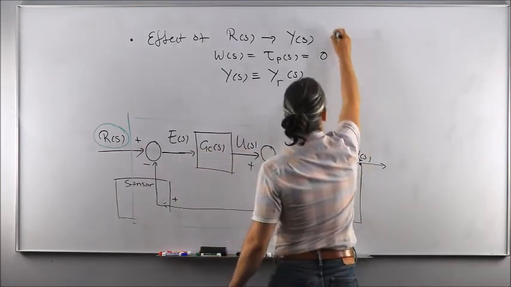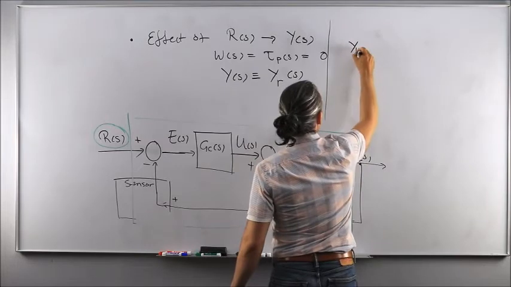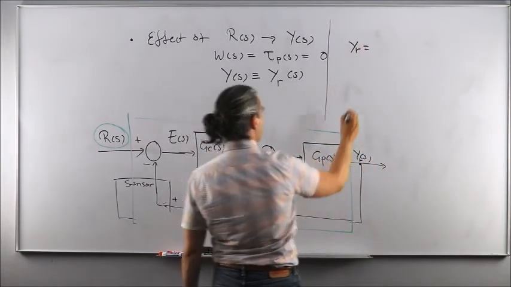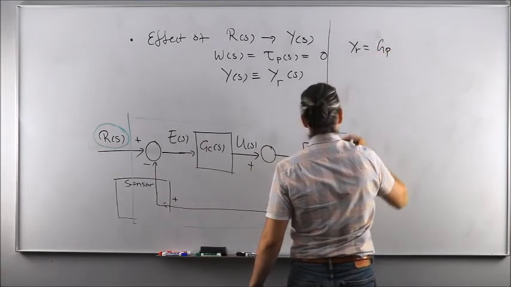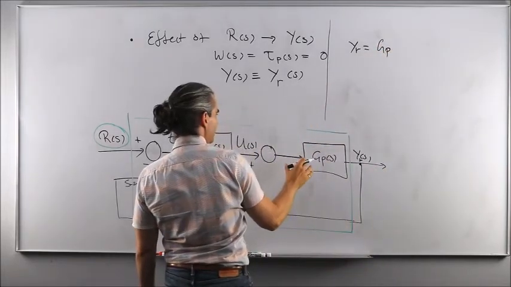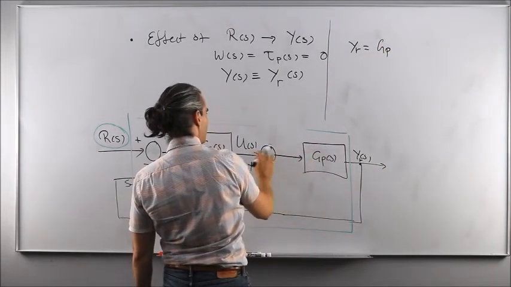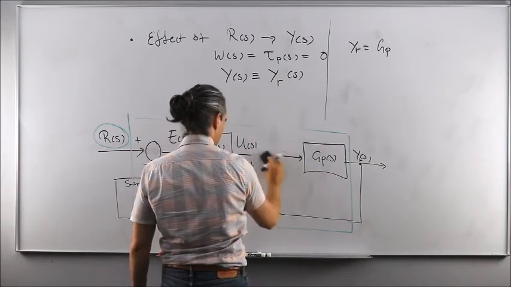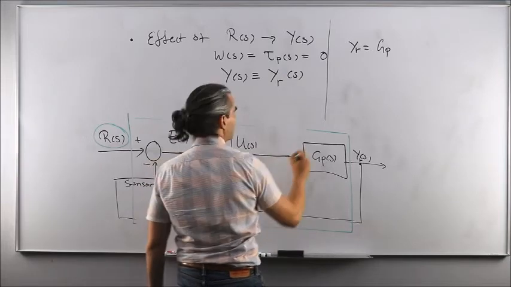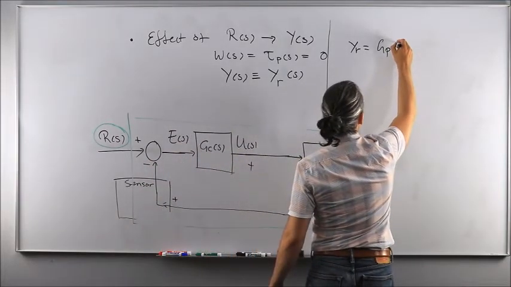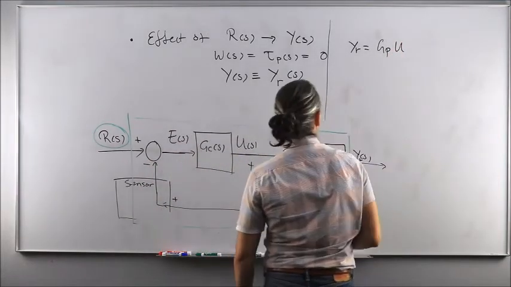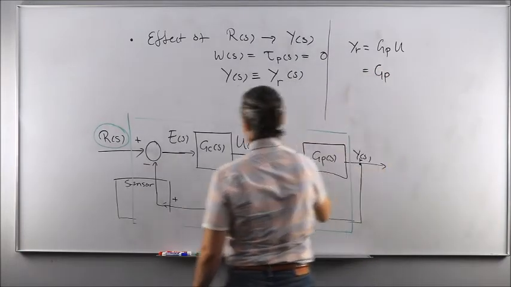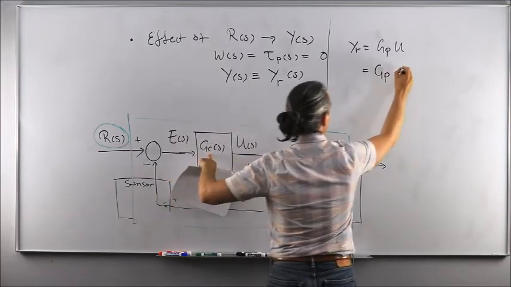Okay, so let's begin with this. Y of R is actually equal to, again, I'm just reading the diagram here, GP that multiplies what's coming in at its inputs. And because there's no perturbations, I can forget about this summing block. So GP times U. But I know that the U signal is the output of your controller.